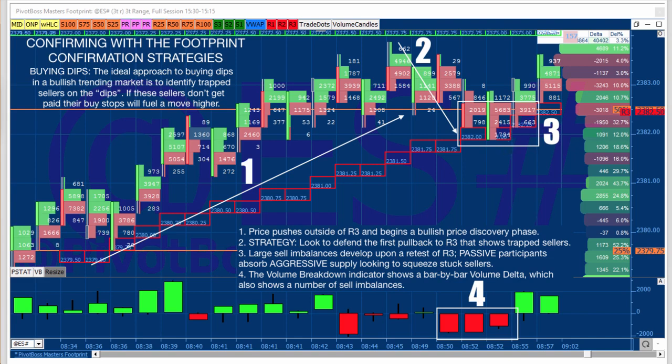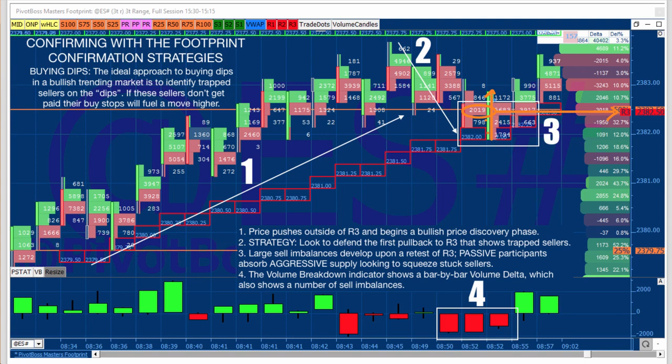And remember, that's a lot of volume. If these sellers don't get paid, just think of it this way: you sold 2,000 contracts at 82.5, right? Then price goes down 1 tick and 2 ticks, and immediately, see that green stripe right there?